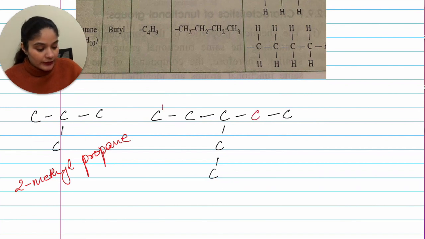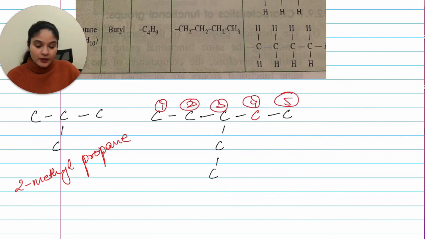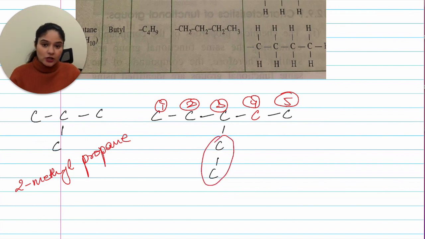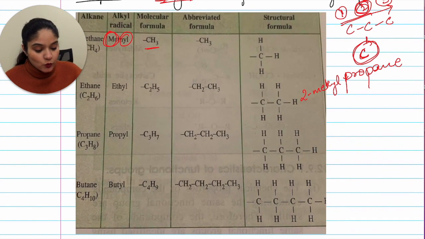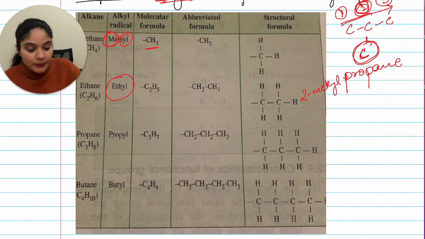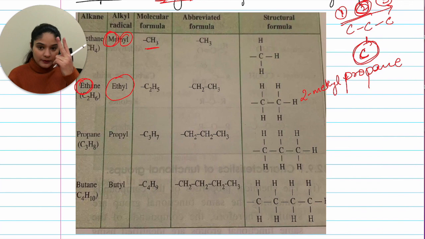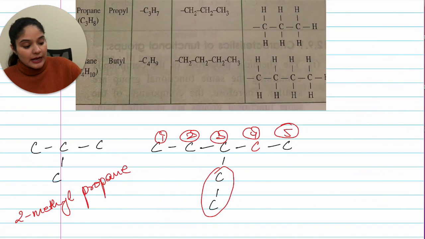If I'm going like 1, 2, 3, 4 and a 5. Okay, at 3 I have 2 carbons I have branched out. Okay, so if I have 2 carbons branched out, this gives me ethyl. So you have ethane, 2 carbons, get rid of the ane and write yl with it, ethyl. Okay, so this example will become what?